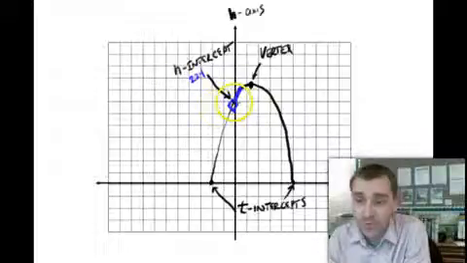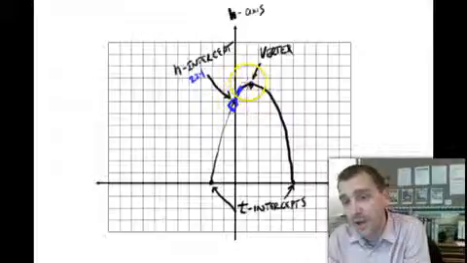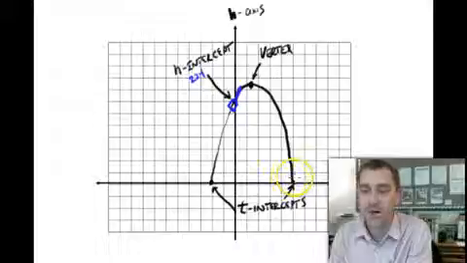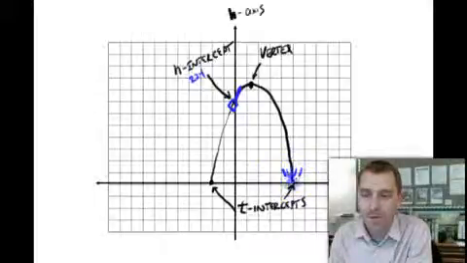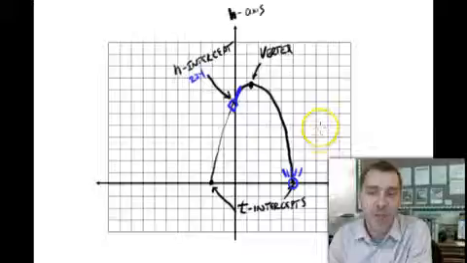So at 224 feet, that's where the initial velocity starts. It comes up here to the vertex, which you should have found, and then it comes down here. And that spot right there is where the water drop hits the actual pool.